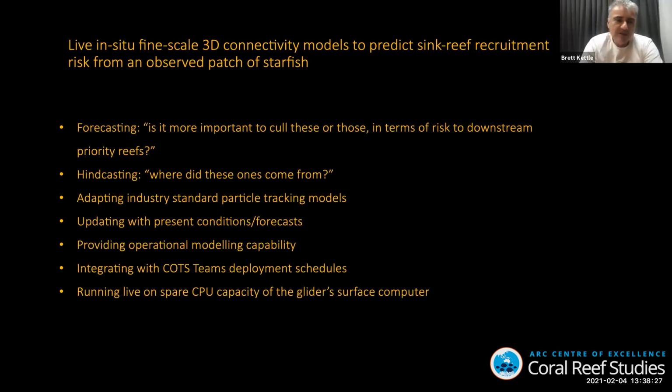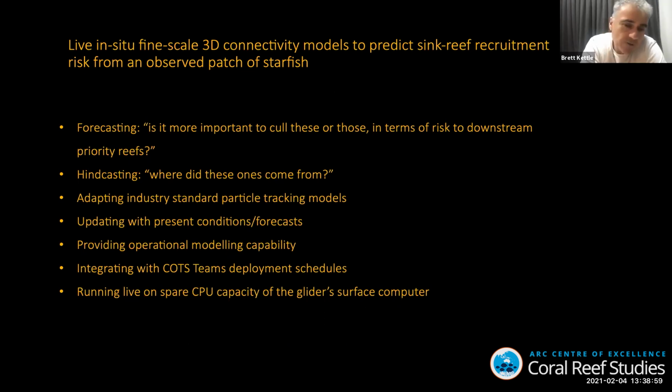Now, the thing about this is, within industry, particle tracking models have been around for a long, long time. They're always used when some oil has been discharged from a ship and people need to backtrack to see which ship it might have been, or for spill predictions, for finding marine pests, where have they come from and where are they likely to propagate to, in the event of a loss of a person or a vessel.